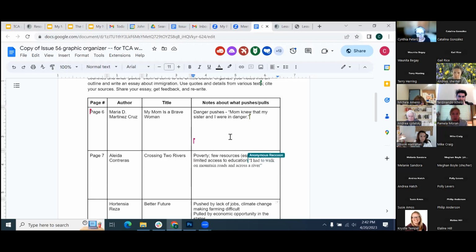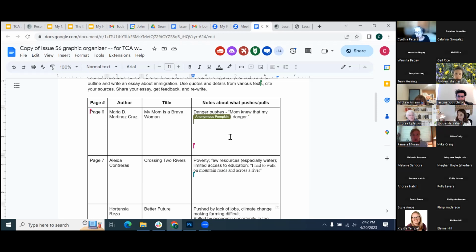Yeah, great. I see also for the second story that this family was pushed by poverty and lack of resources, especially water, and limited access to education. This is also really good modeling of note-taking. And then the quote is, "I had to walk on mountain roads and across a river to get to school."